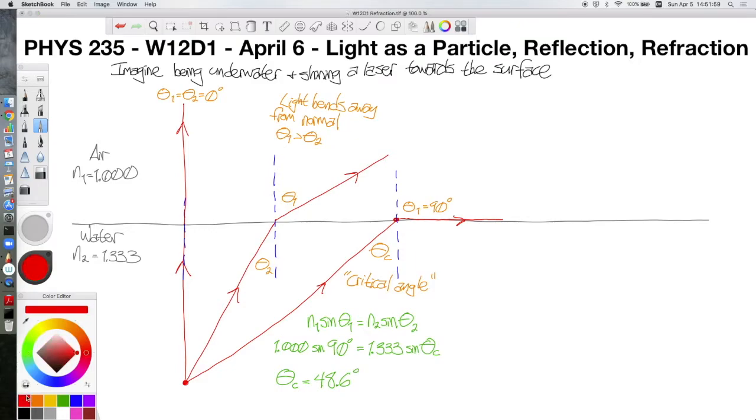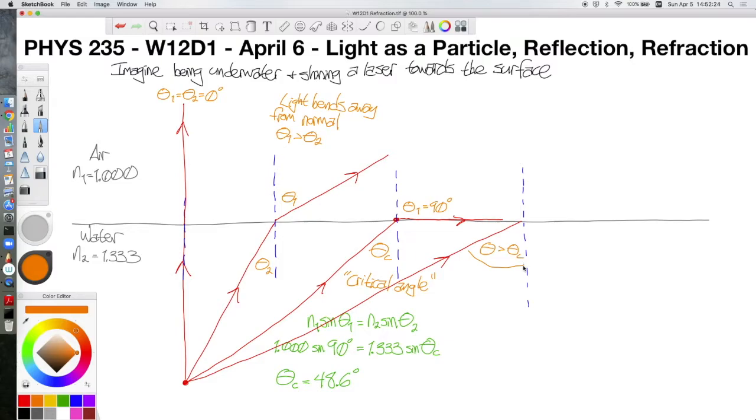So why that's significant, I want to draw one more ray here that's going to have to pass through kind of everything else. All of my mathematical work here. So let's imagine this ray, where we now have some incidence angle here within the water of some angle that is greater than our critical angle.